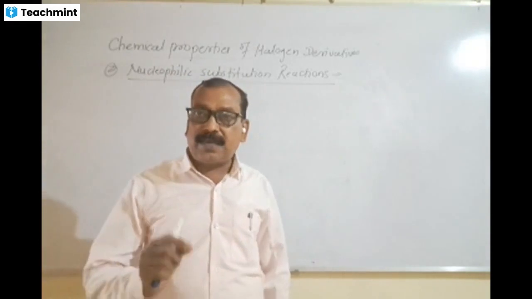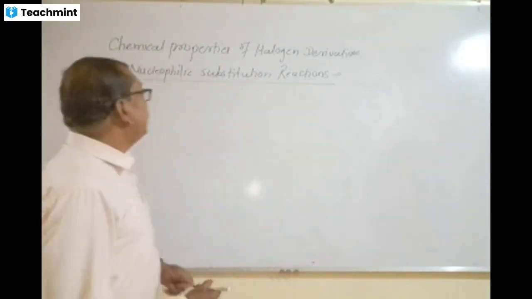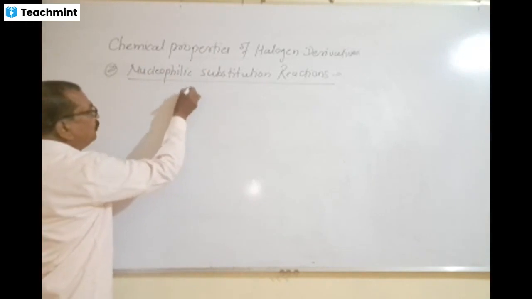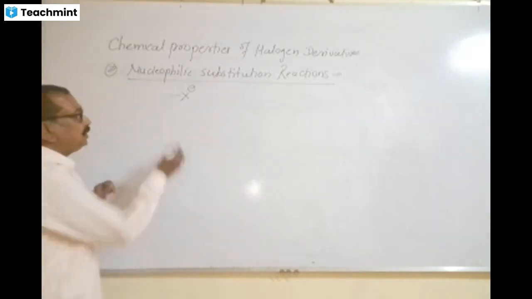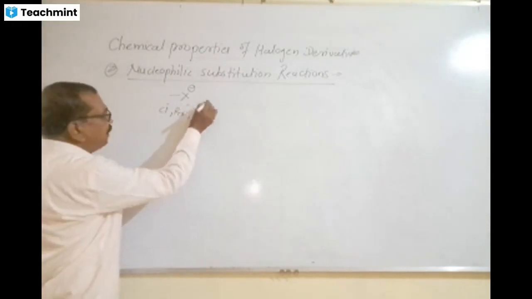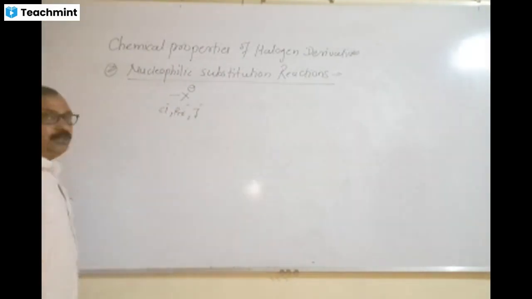Therefore, nucleophiles are electron-rich species. In this nucleophilic reagent, the halo group from alkyl halide is always negatively charged. Cl minus, Br minus, I minus are examples of nucleophile.